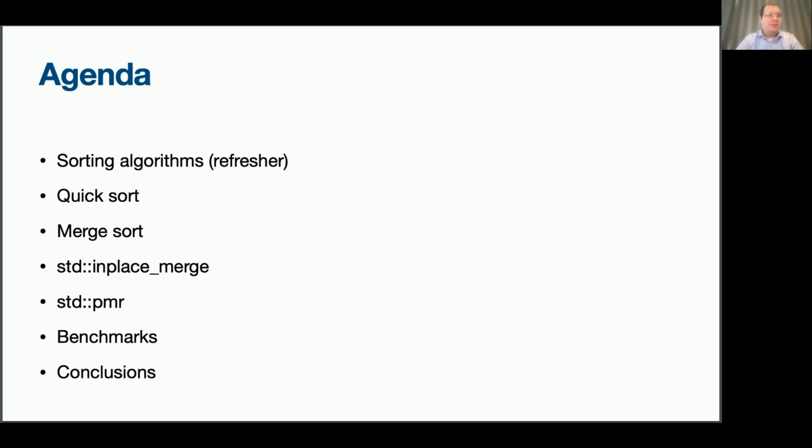Then we'll compare our implementation with those we've seen earlier using benchmarks. Mainly I'll use Google Benchmark, and we'll see how we can improve the speed of our code. We'll make conclusions about how everything works and how to use it. I must note that my presentation is more concentrated on familiarizing you with these features.